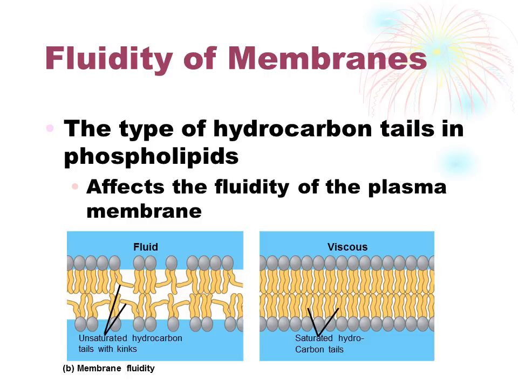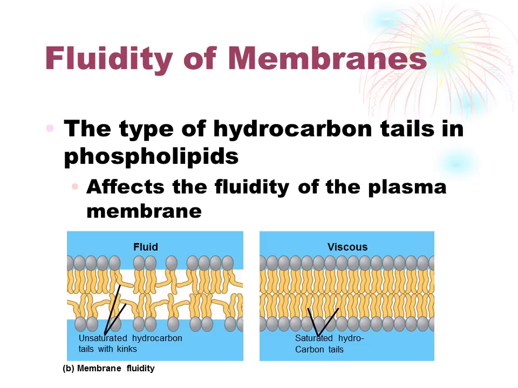Now, another factor that determines how fluid these phospholipids are within a membrane is whether or not they have kinks in their fatty acid tails. It says here the type of hydrocarbon tails in phospholipids affect the fluidity of the plasma membrane. On the image on the left, we see these kinks in the tails.